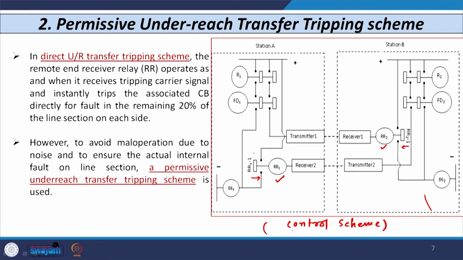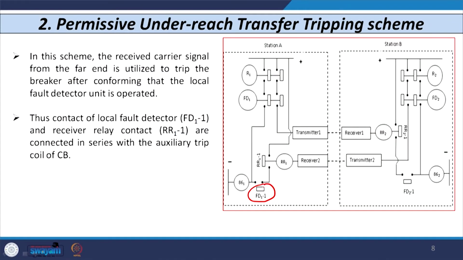To avoid that, we will use the permissive underreach transfer tripping scheme. In its control circuit, the only difference is that we have included this contact in series with the contact of receiver relay 1 and receiver relay 1 at substation B. So, in this scheme, whenever the carrier signal is received from the far end or remote end, that signal is utilized to trip the breaker after confirming that the local fault detector unit has operated.